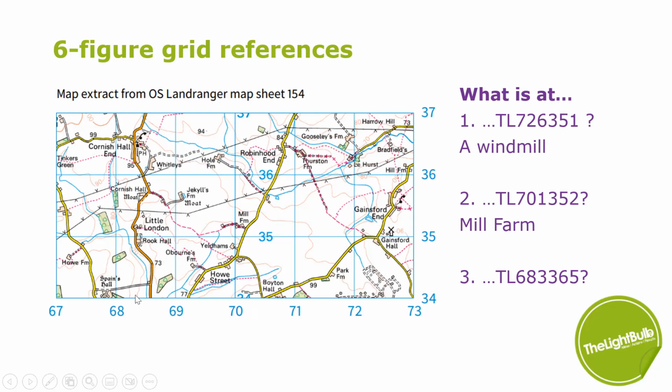That's 5, so 3 is going to be somewhere around about here-ish, 683, and then up to 365, so that's 35, there's 36, and halfway up to the next one, 7, so we're somewhere around this little building here, which is a church. So that would be the answer for question 3.